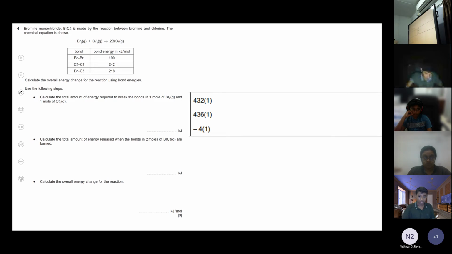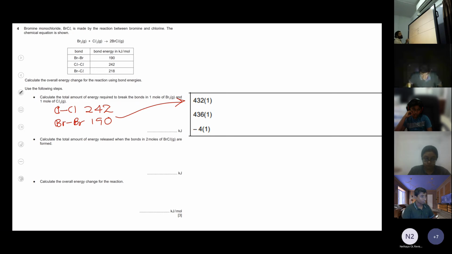I don't have to explain how to do this calculation, right? It's so easy. Calculate the total amount of energy. Cl is 242, Br is 190, then the total is 432, right?